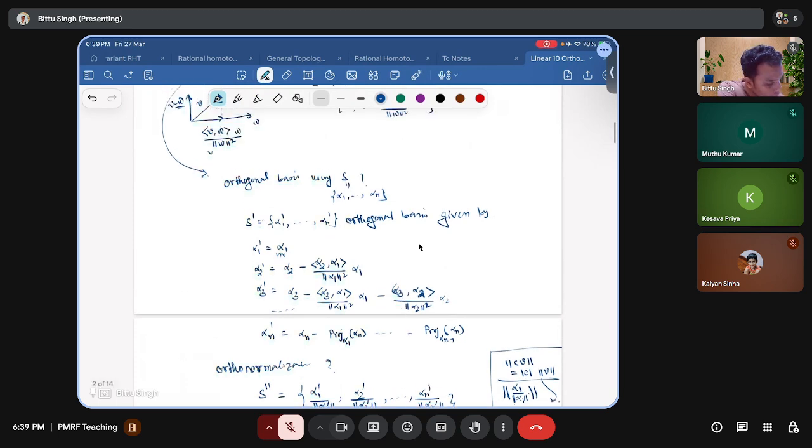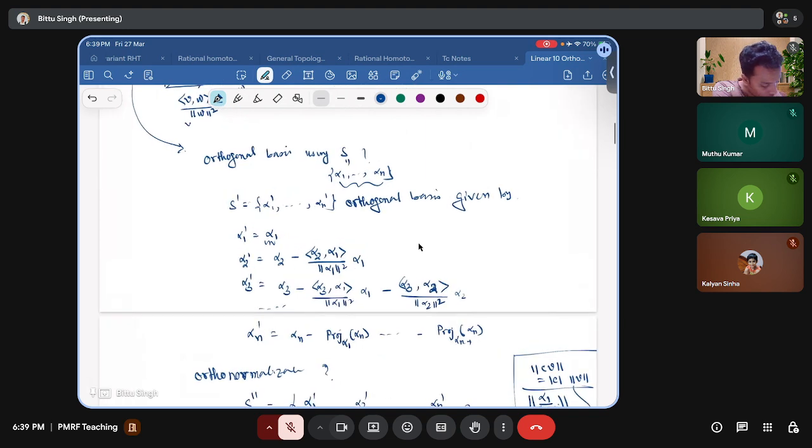So alpha 1 up to alpha n is given. Now we are trying to find this alpha 1 dash up to alpha n dash. So the first thing is okay, but after this I need to use this.